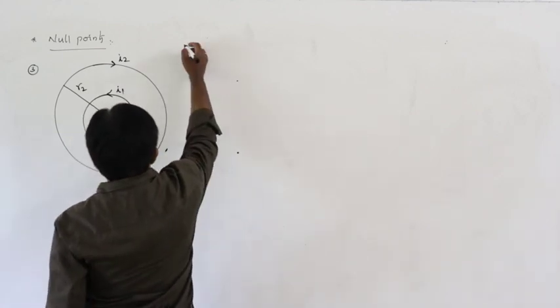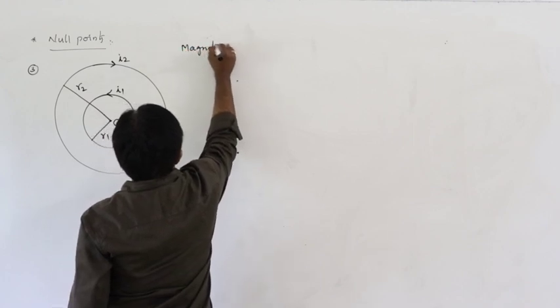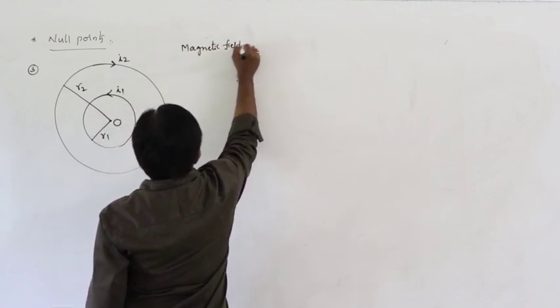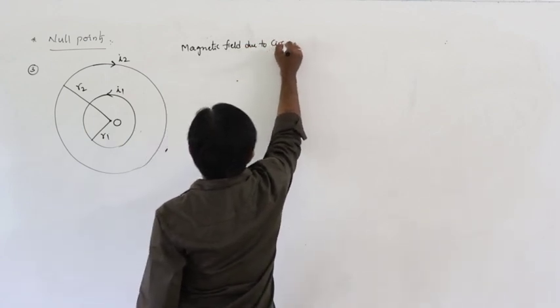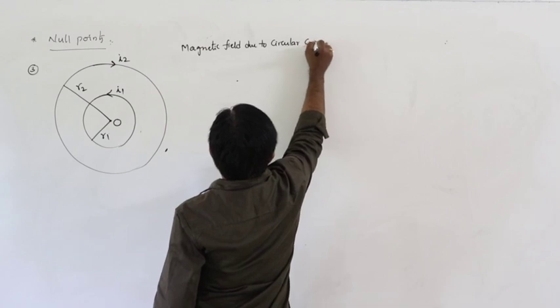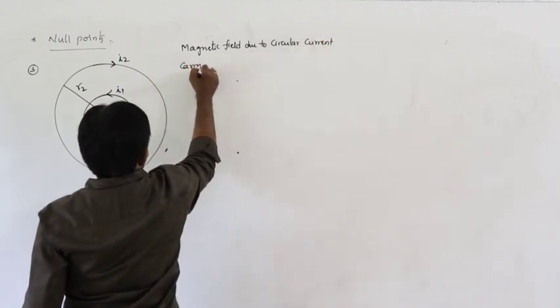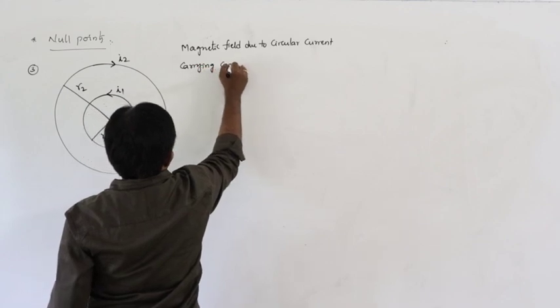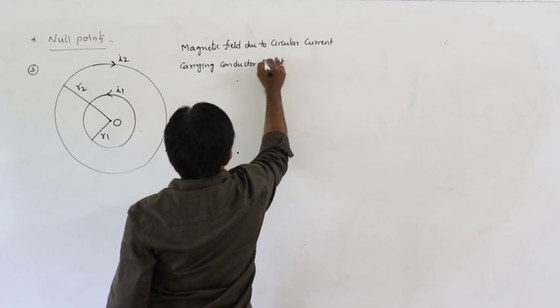See here. First, what is the magnetic field due to the circular current carrying conductor I1 at point O?